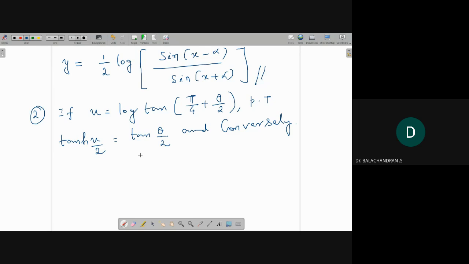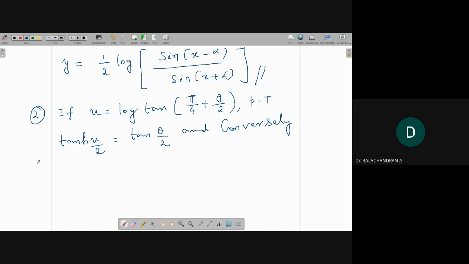Okay, so first you should understand the question. If u is equal to log of tan of pi by 4 plus theta by 2 is given, you need to prove tan h of u by 2 equal to tan theta by 2. And conversely means you should assume tan h of u by 2 equal to tan theta by 2, and then prove u is equal to log tan of pi by 4 plus theta by 2.